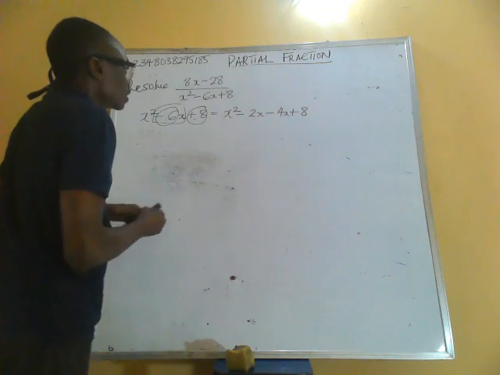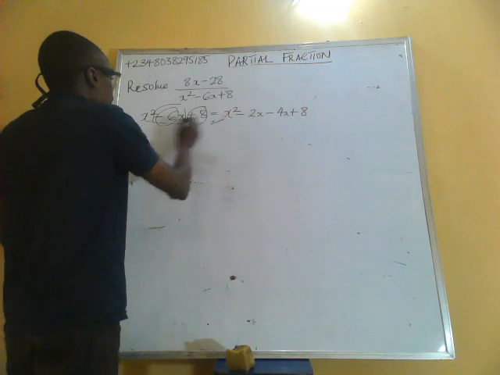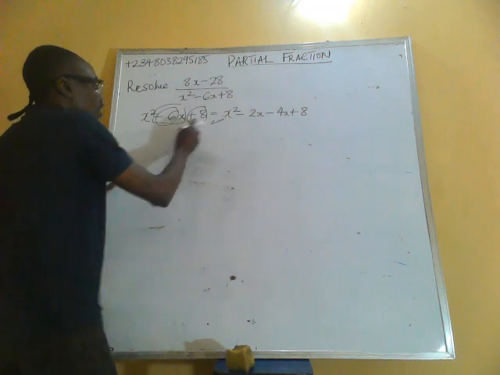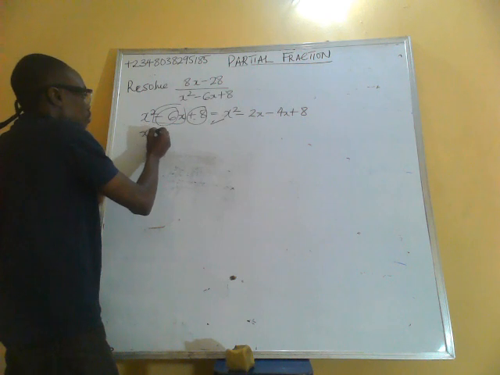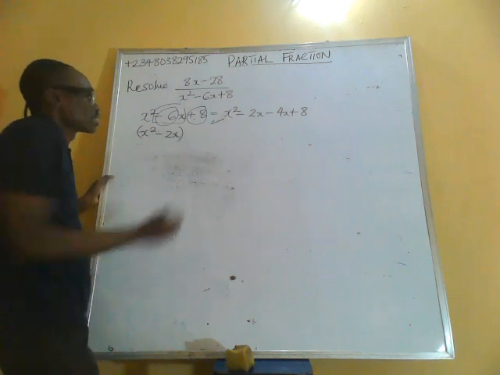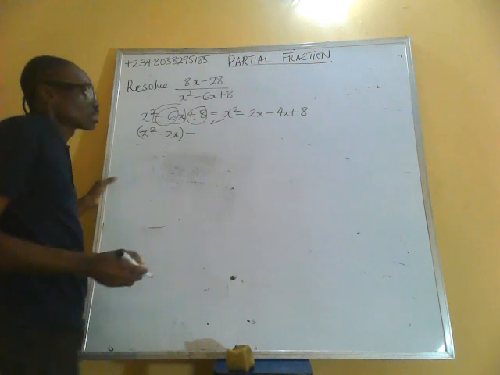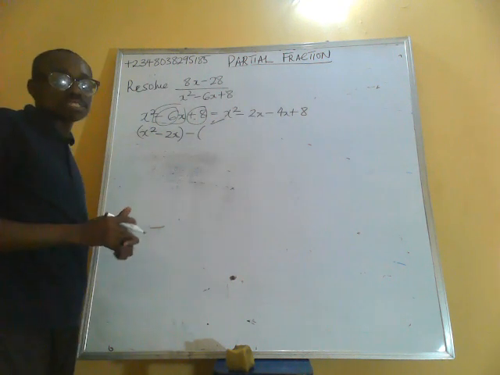Next, this is going to be x squared minus 2x in brackets, then minus, and we put 4x plus 8 in brackets.